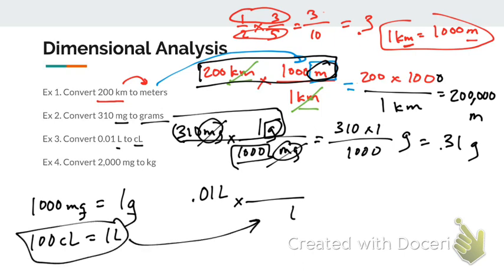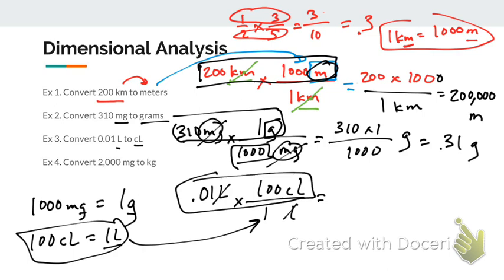I need to put liter on the bottom because this will cross cancel. 1 liter is equal to 100 centiliters. So now I'm going to multiply across. 0.01 times 100 is going to be 1. Is that right? And then 1 centiliter over 1 equals 1 centiliter. Okay?